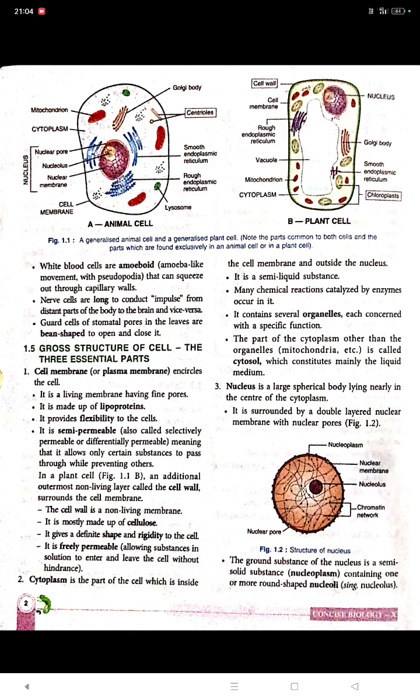Next, the ground substance of the nucleus is a semi-solid substance, nucleoplasm. Don't get confused. Cytoplasm is a semi-liquid substance. The substance inside the nucleus is a semi-solid substance called nucleoplasm. That is cytoplasm. This one is nucleoplasm. Okay.